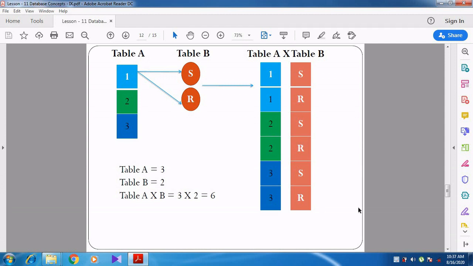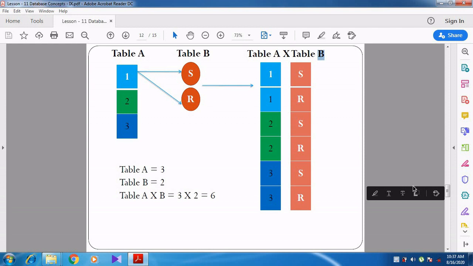Then 3S, 3R. Now you see how many tuples are there? 1, 2, 3, 4, 5, 6. So totally it forms 6 tuples. Can you understand, students? Simply we are going to do the cross product. They used to call it Cartesian product. Right? Table A tuples are multiplied with table B tuples.